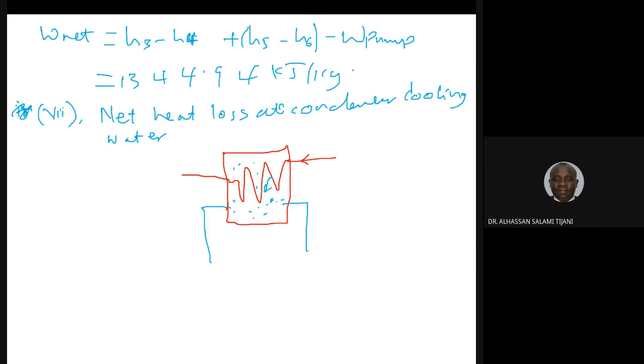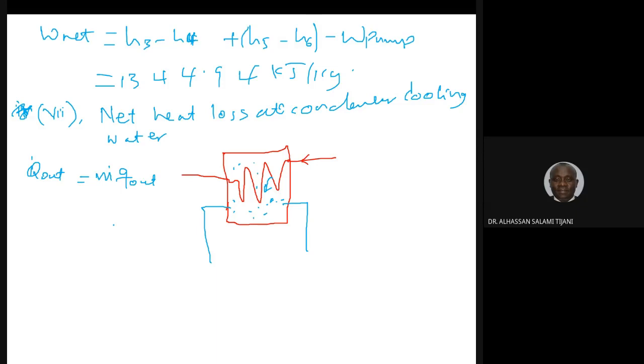So we can say like this that Q out for the condenser equals the mass flow rate of the steam times q out. So this is very important.